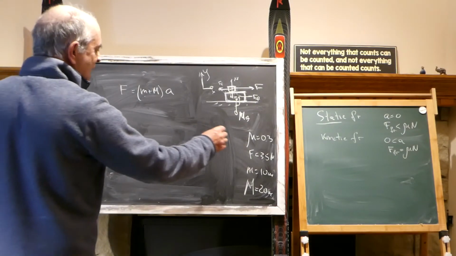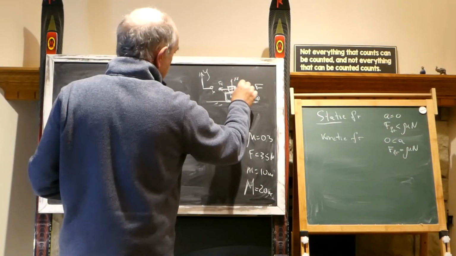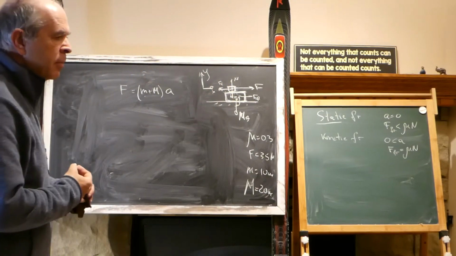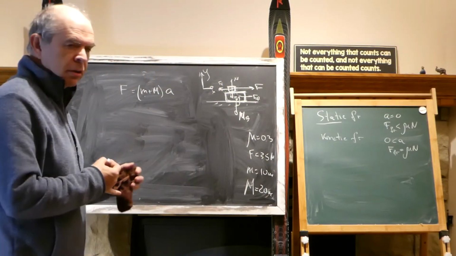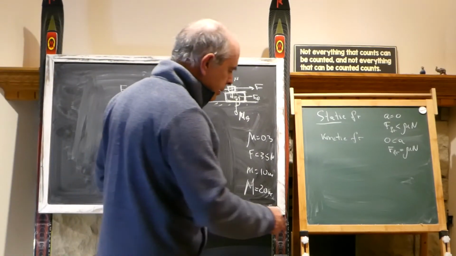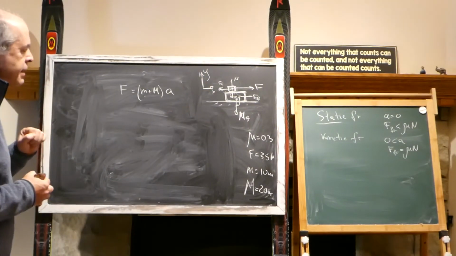So it's only 12 newtons that are pushing this body actually, and 12 newtons is not enough to overcome the maximum force here, which is quite different as we saw. So that's the trick, that's the explanation of this physical meaning.